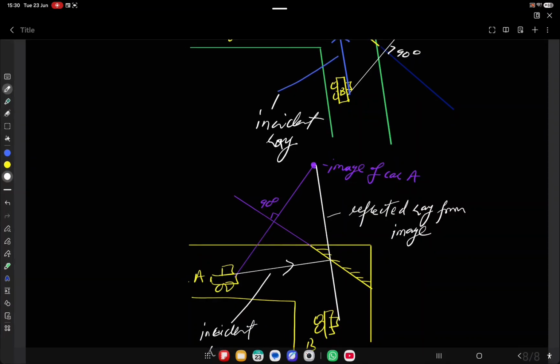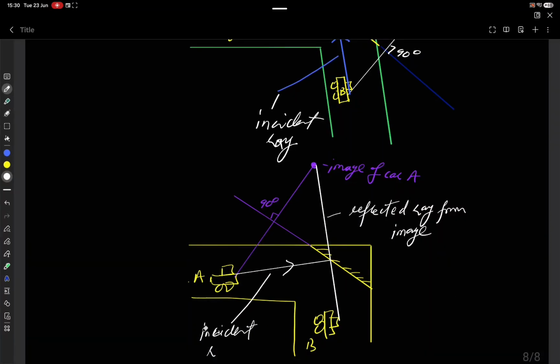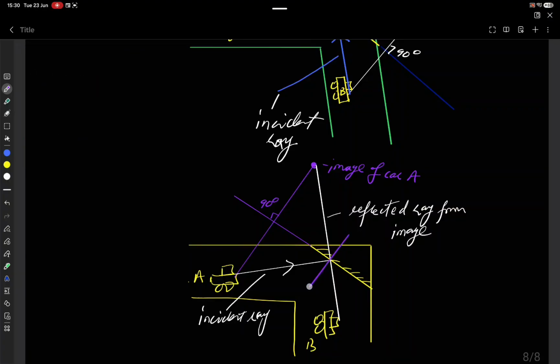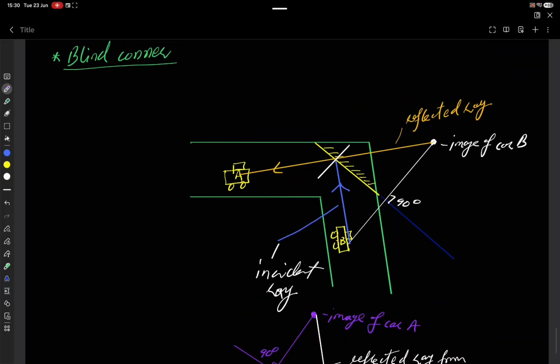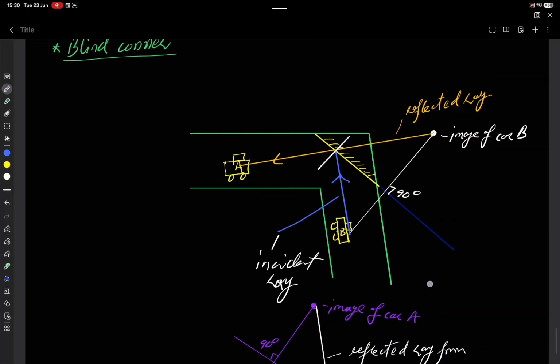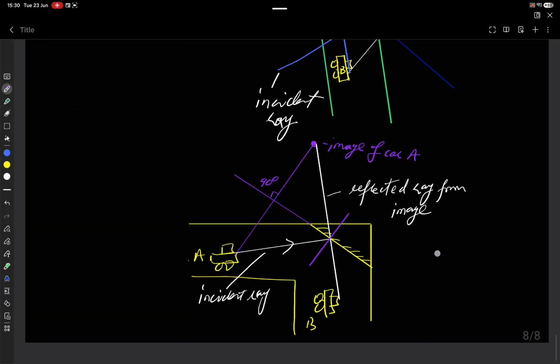I draw the normal. In this way, driver B sees the image of car A. So these are both diagrams of the blind corner: the image of car B and the image of car A.